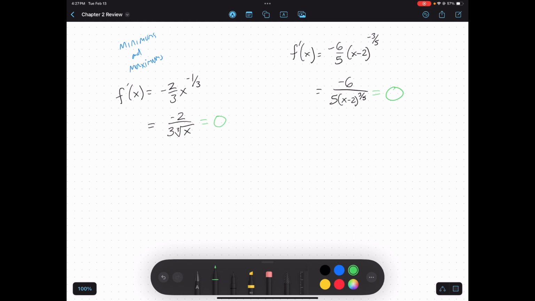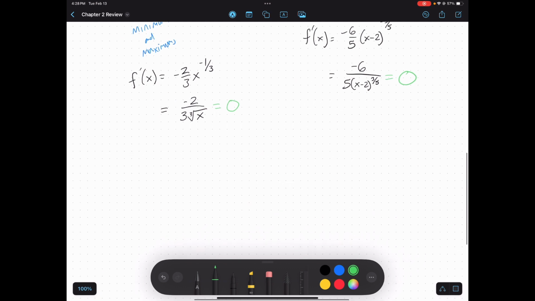Most of these relative extrema problems, most of these minimum maximum problems, you're going to be able to solve just fine, right? You set your derivative equal to 0 and solve, see what x values will make this 0. But these are a couple of special cases where when I set this equal to 0, it turns out there's no x value that will make this 0. So this is where we have to remember.